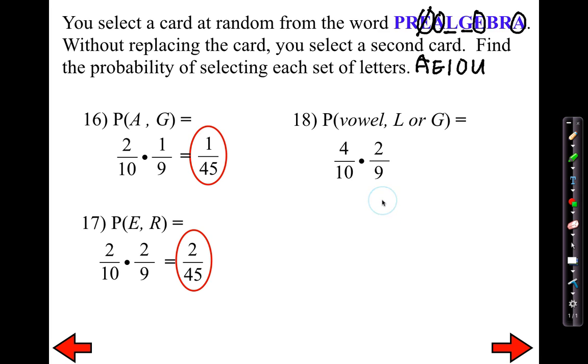So the key thing to remember is when you're not replacing something, the denominator is always going to change. Typically, it decreases. So here I'm going to go ahead and reduce this by 2, so that's going to give me 2/5 times 2/9. I can't cross reduce, I'll multiply straight across, giving me 4 over 45. So that is your answer. Hopefully you got all of those right. If not, feel free to rewind back and see what your mistake was until you get it right.